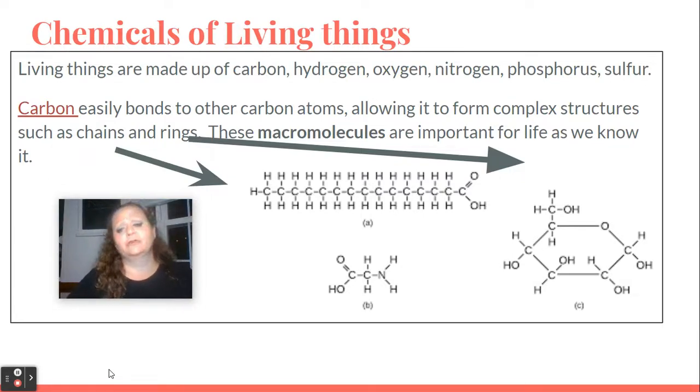I really encourage you to come up with a mnemonic device that will help you memorize these. You may at some point be asked to determine which of the following molecules might be found in organic molecules, or which of the following atoms might be found in an organic molecule. And so I want you to be able to say, oh yeah, it's these specific elements.